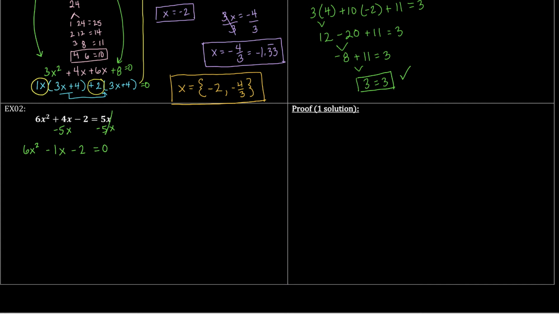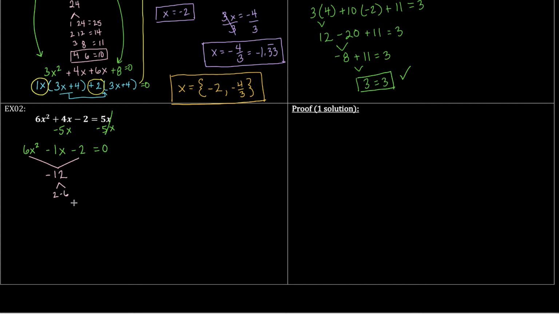Now I'm going to multiply the a and the c. 6 times negative 2 is negative 12. So factors of negative 12 that combine to negative 1. 2 and 6, but one of them needs to be negative, right?